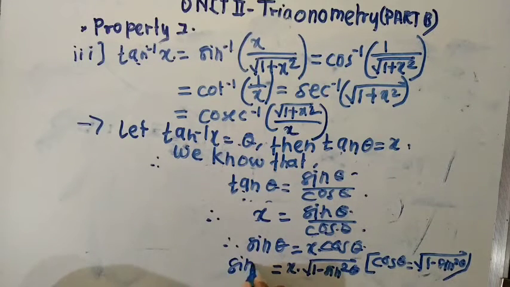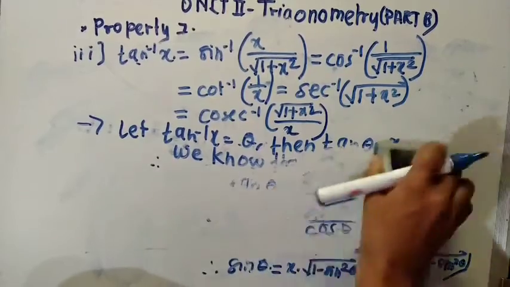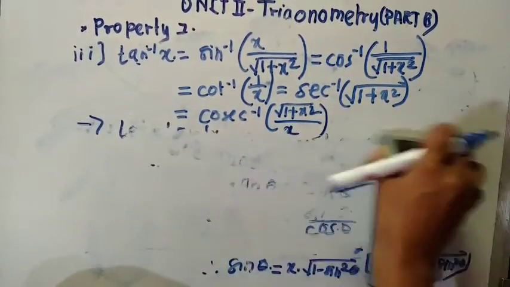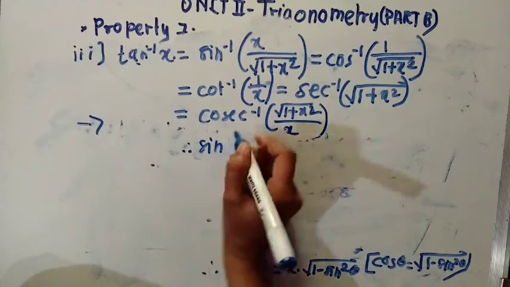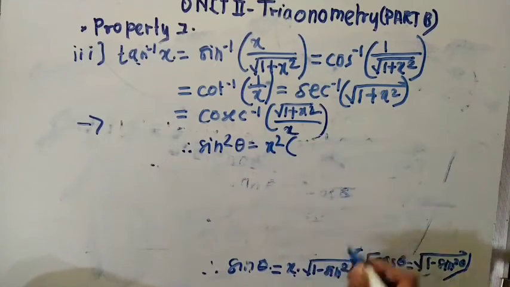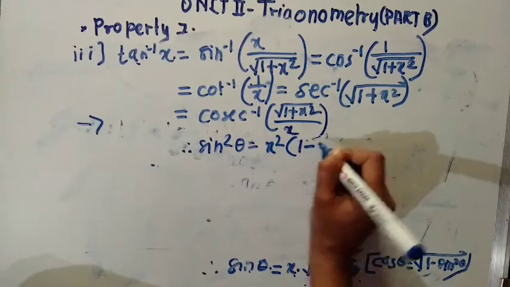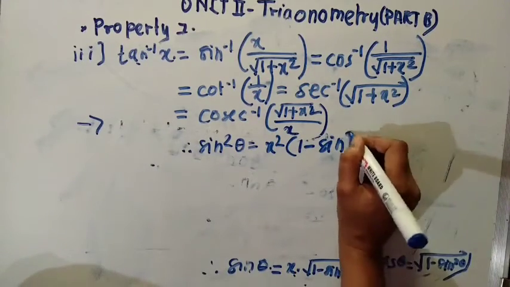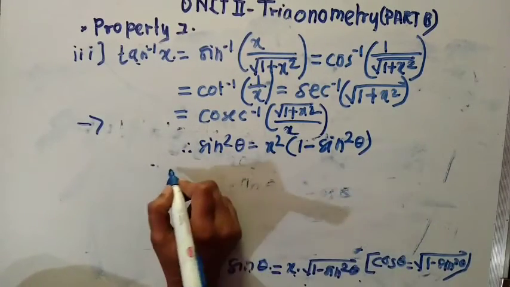And sin theta is equal to x into root of 1 minus sin square theta. Squaring, sin square theta is equal to x square into 1 minus sin square theta.